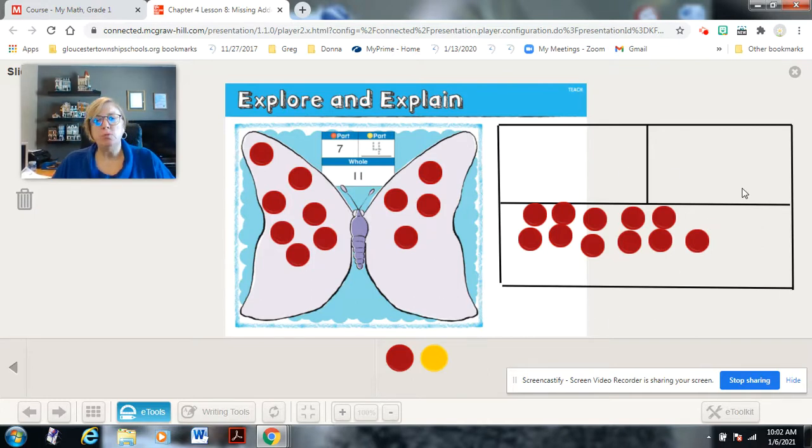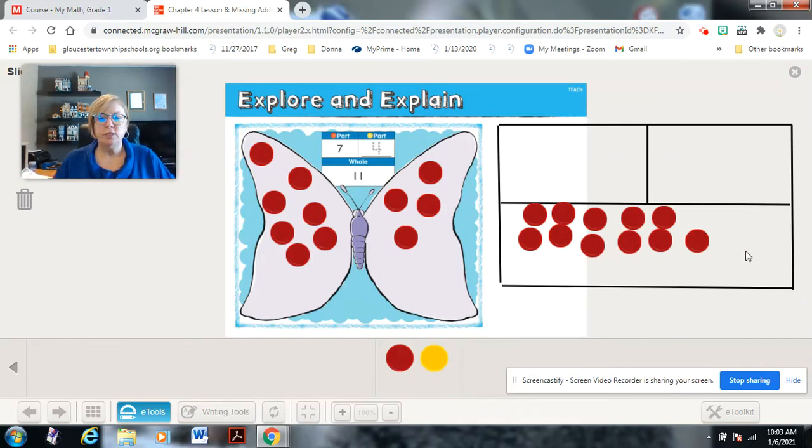Okay, so I still would like to use our part whole. And I know it's been a little while since we've used this, but I would like to do it because we're not always going to have a pretty picture to use dots and things like that on. So when we see the sum or the whole, I have all the numbers here, okay? And remember, I know that we don't always have enough counters to show it in both and everything.